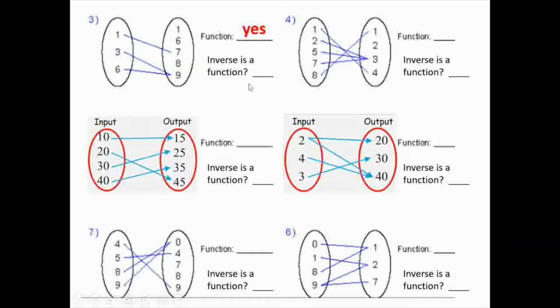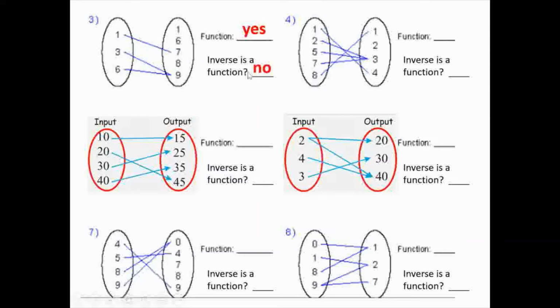Would the inverse be a function? Think about what we talked about with inverses: you're just swapping the x and y values. So in terms of the mapping diagram, look at it backwards. Think of these now as the inputs and these as the outputs. Looking at it right to left now, is it a function?